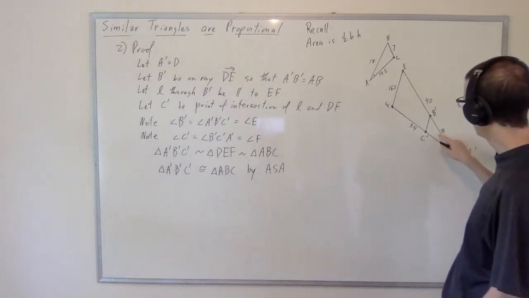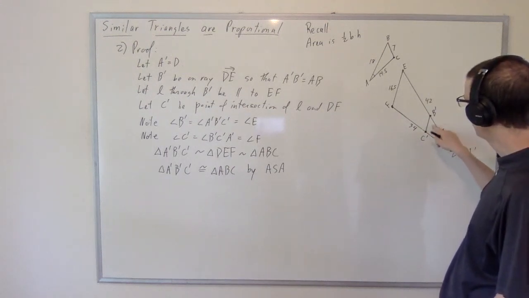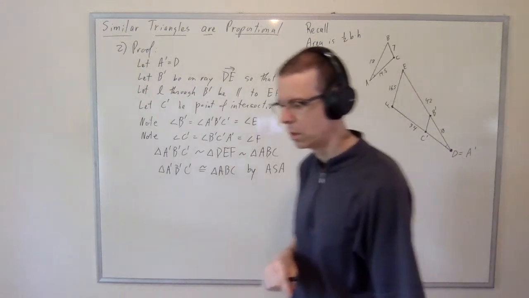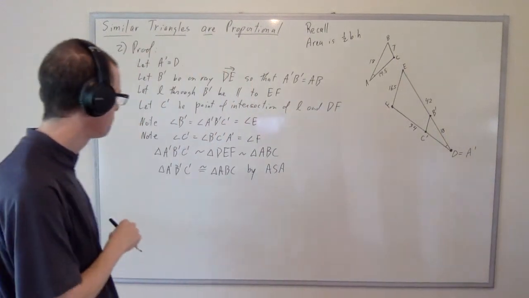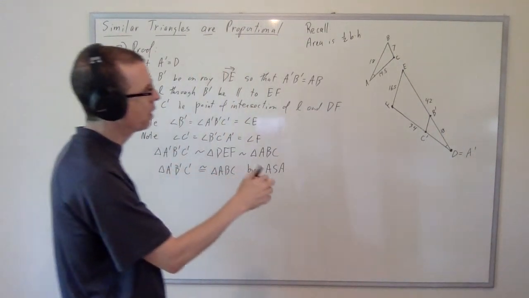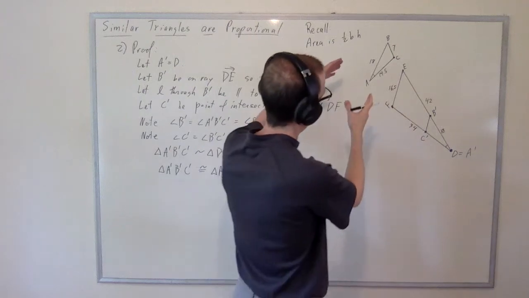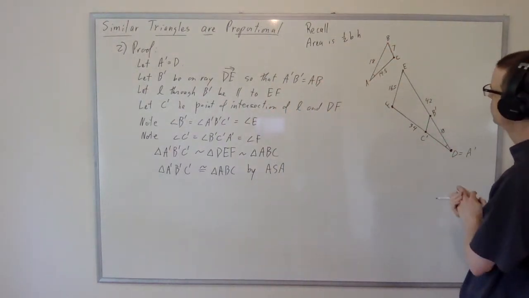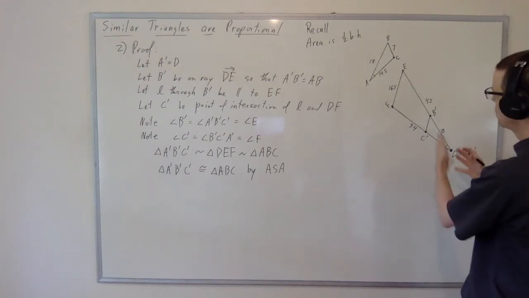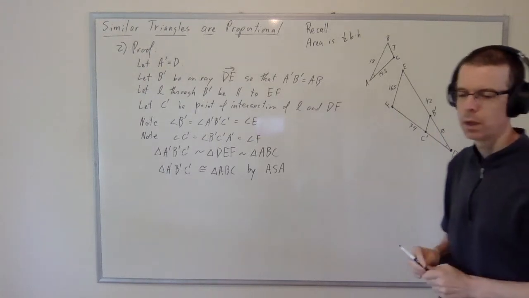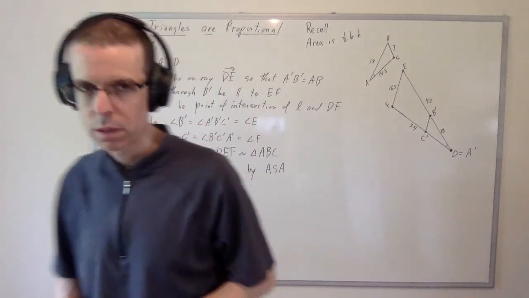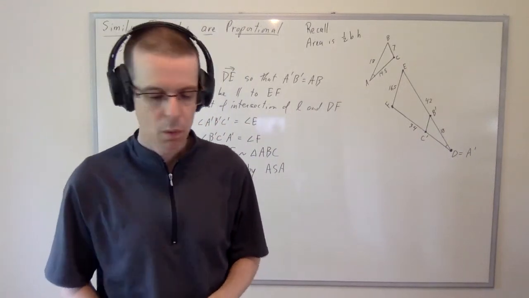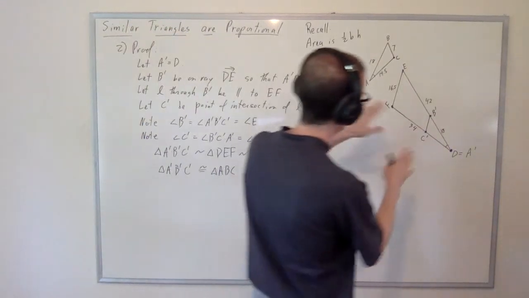So this angle at A prime, this side at A prime, B prime, and this third feature, the angle at B prime. So in other words, the whole process is about copying this triangle to here so that it works out more conveniently, so that they overlap in a nice way. Now that they overlap, we still have a lot of work to do. We need to show that the ratios are equal.